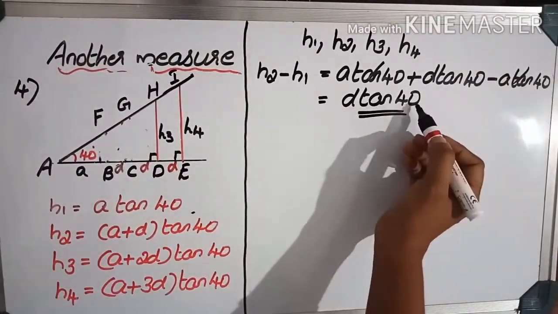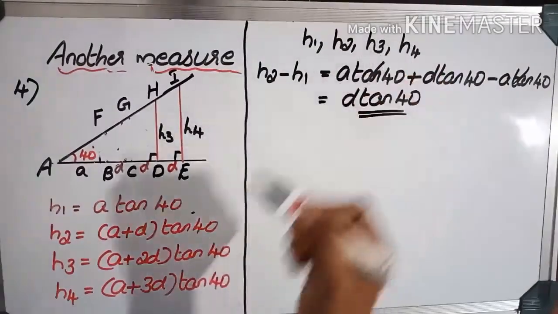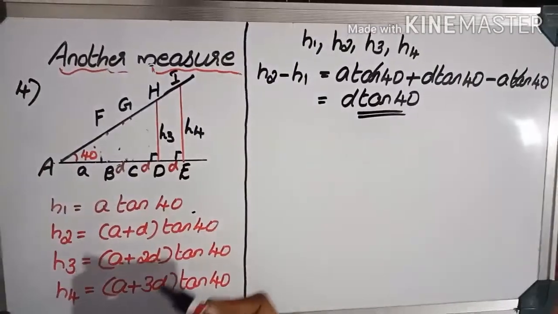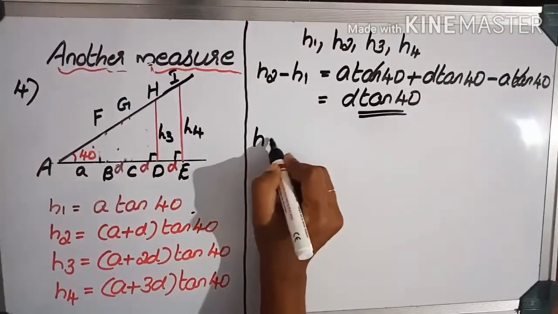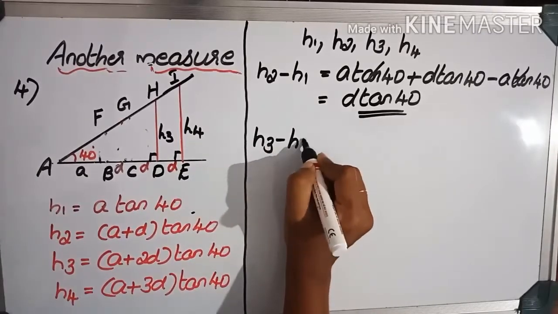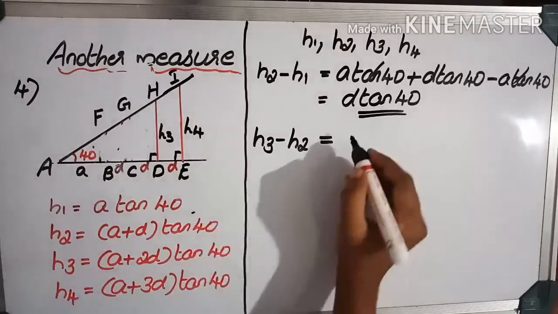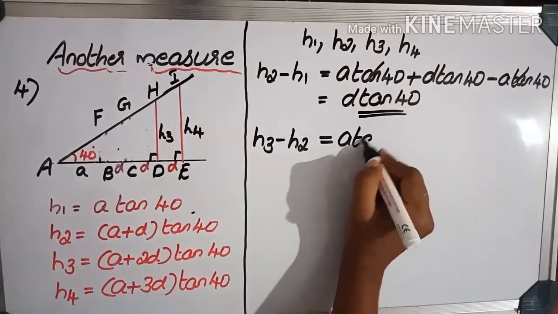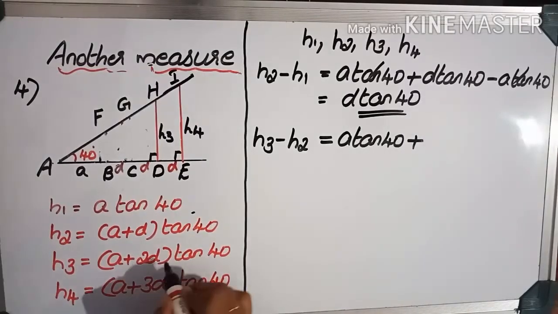The same D tan 40 we must get for H3 minus H2 and H4 minus H3. Then we can say that this is an arithmetic sequence. So let's check. Next is H3 minus H2. H3 is this one. So let's open the bracket and write that, A tan 40 plus 2D tan 40.